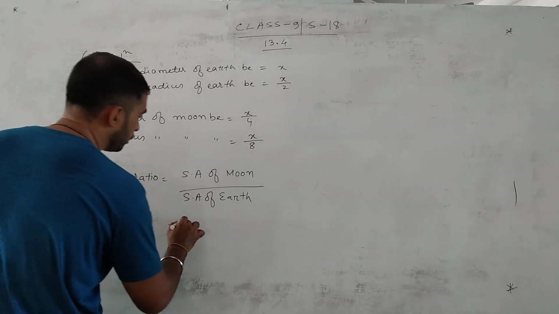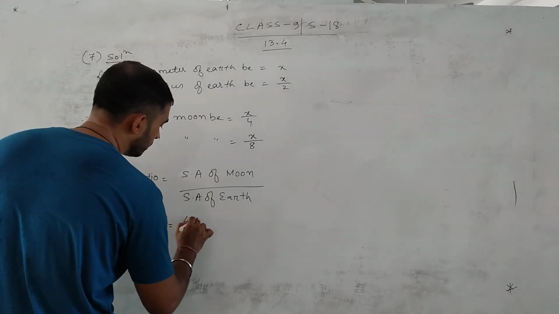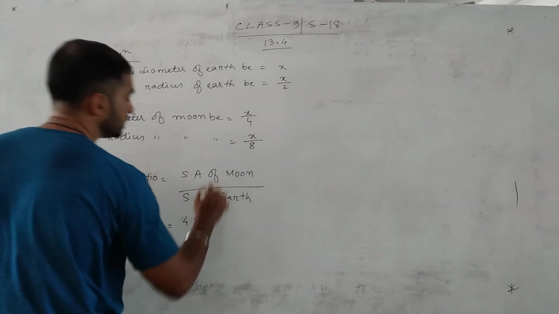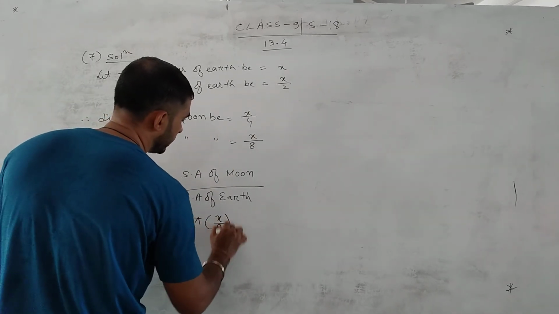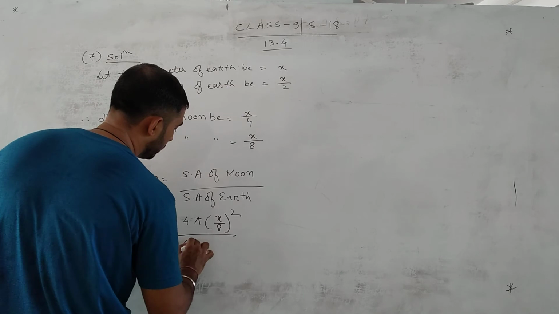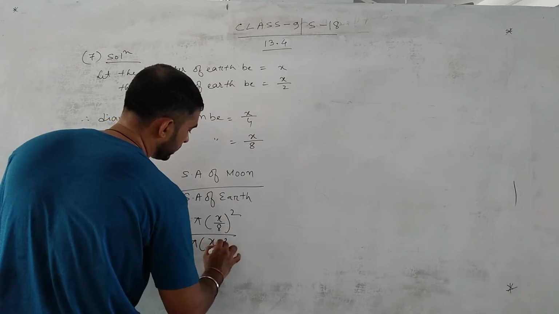The moon and the earth are both spheres, so 4 pi r square, with the moon radius x by 8. So x by 8 whole square by 4 pi x by 2 whole square.